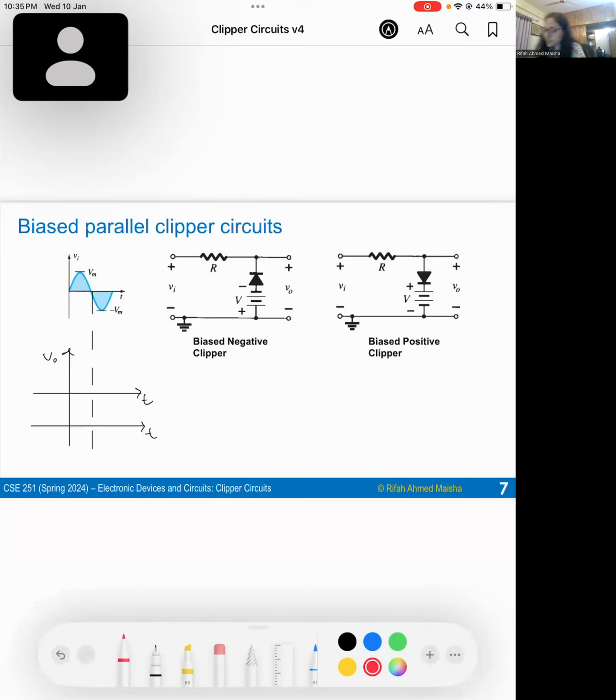For biased parallel clipper circuits, for figure 1, during the positive half cycle, the diode is reverse bias. That's why output voltage equals input voltage. And during the negative half cycle, the diode is forward bias and it is short circuit. That's why output voltage will be equal to the negative of the bias voltage.